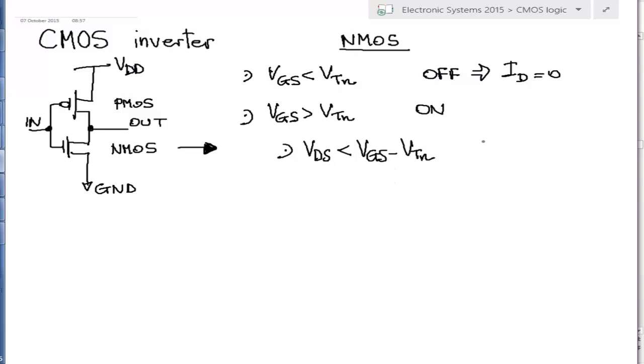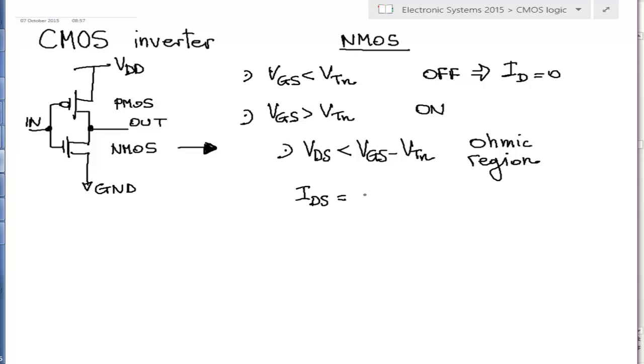In this case, we are in a so-called ohmic region or triode region. In the ohmic region, and this is the reason why it's called ohmic region, the current between drain and source is more or less proportional to the voltage between drain and source, as in a resistor. And indeed, we have an approximated IV characteristic like this.